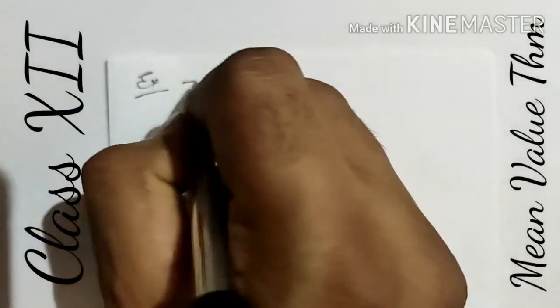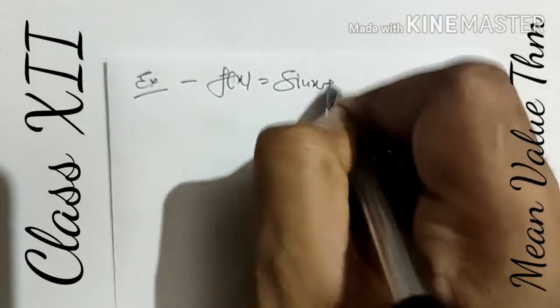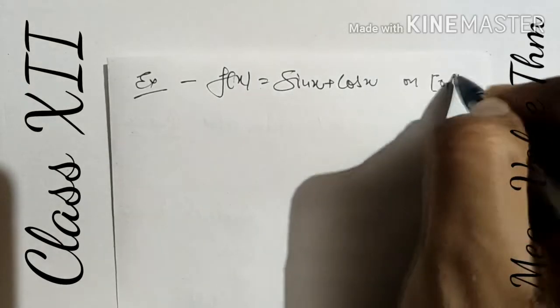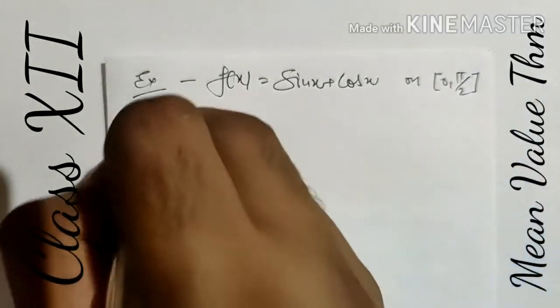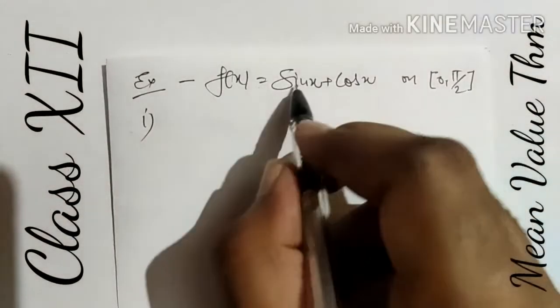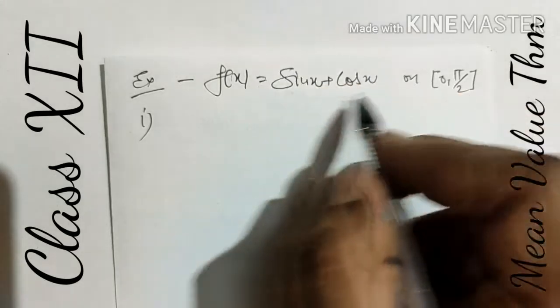Now we are taking example of trigonometric function given by sin x plus cos x. On interval we have to check from 0 to pi by 2, means 90. First step, we know that from 0 to 90 sin theta and cos theta lies from 0 to 1. So they gives the finite value.